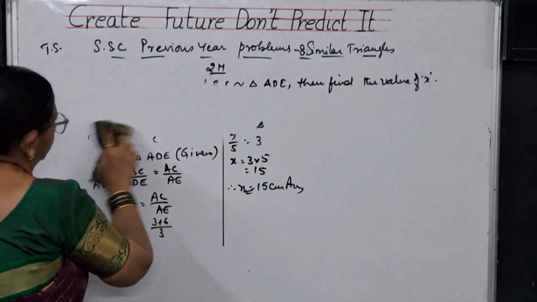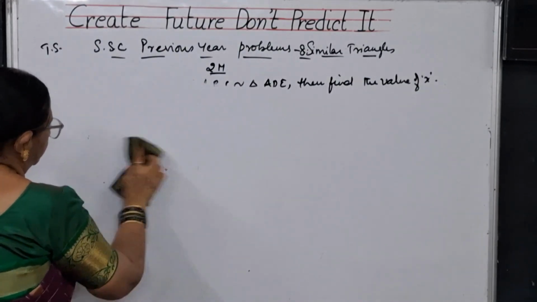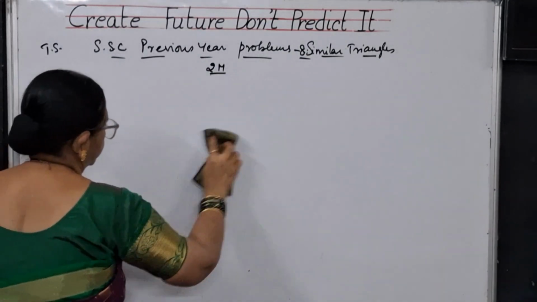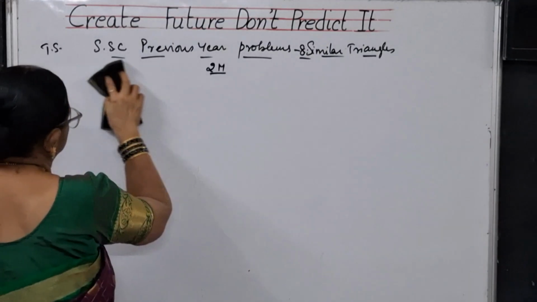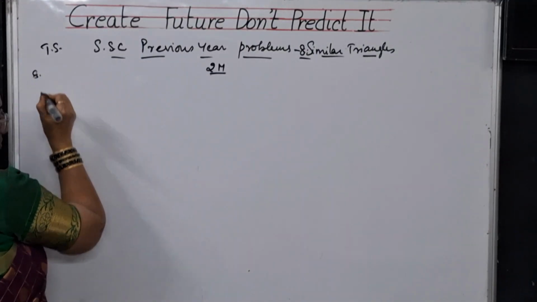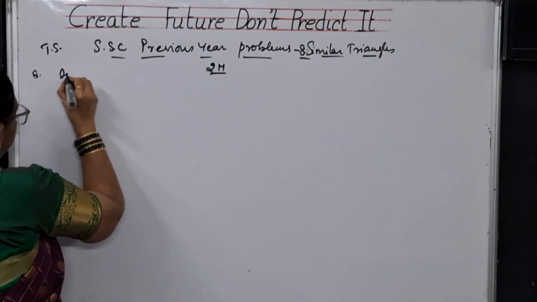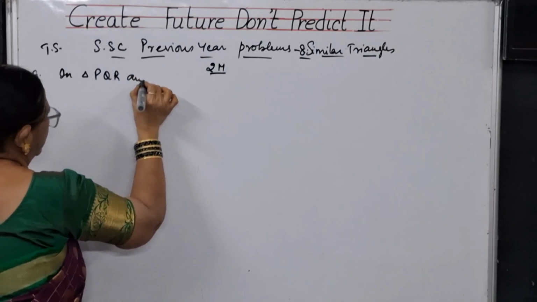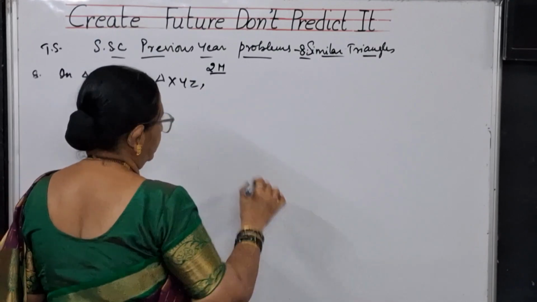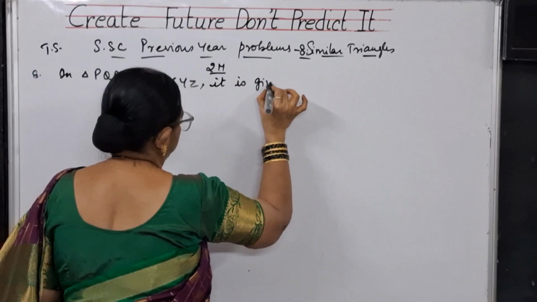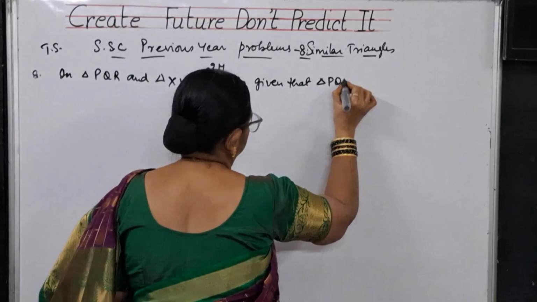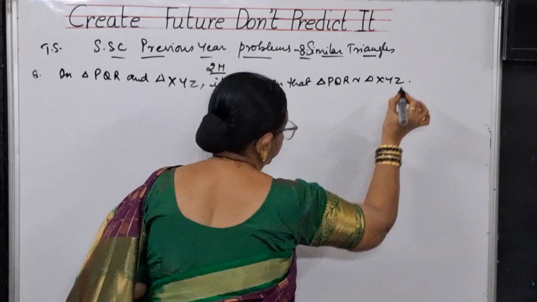Now, 8th one. In triangle PQR and triangle XYZ, it is given that triangle PQR is similar to triangle XYZ.